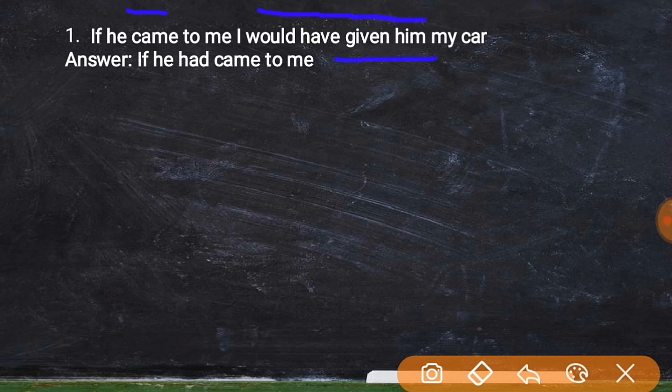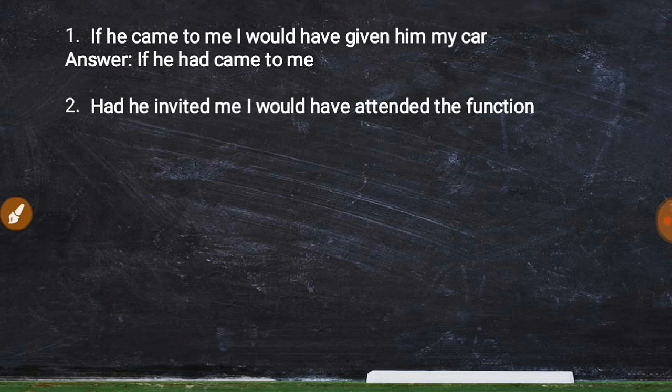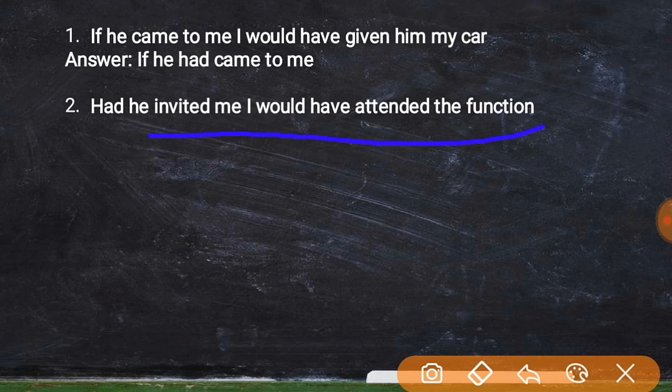So this is according to the unrealistic conditionals, that is the third conditional sentence that I am telling. So here it should be if he had come, because this must be in the perfect form.